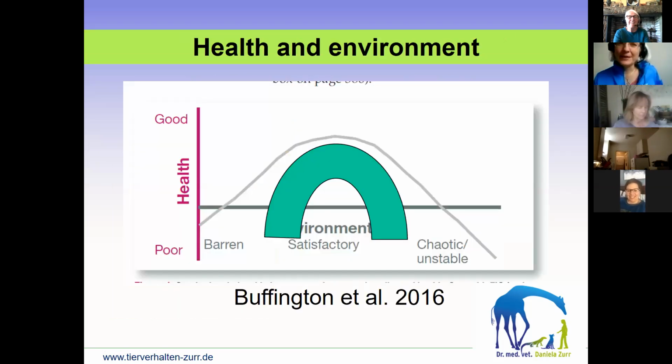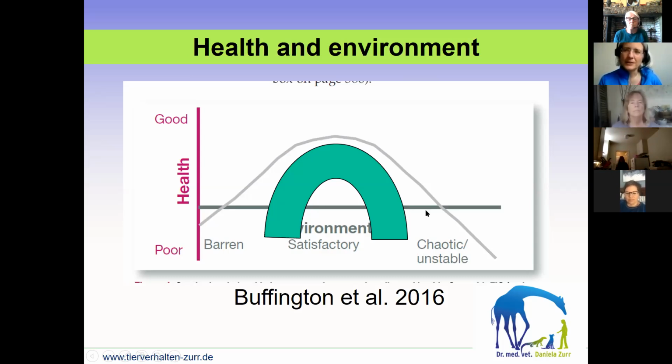So we all live in a certain environment, and this environment changed a lot because of the corona crisis, and it depends on personality how much that is doing with your health or not. So in general, you can say you have a spectrum of environment where you can stay healthy.